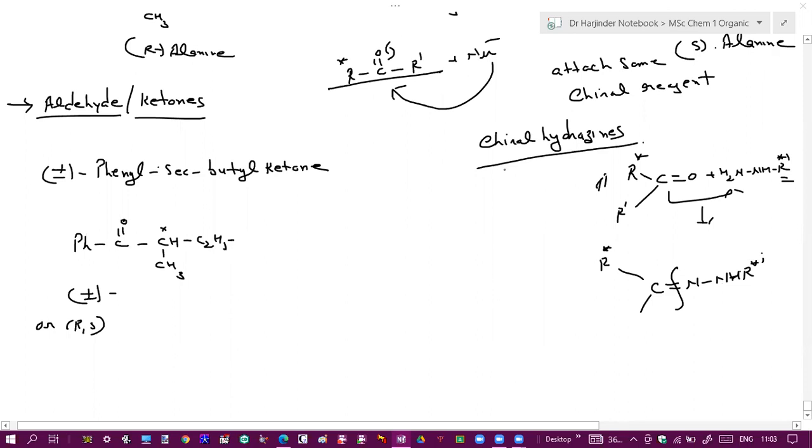And the chiral hydrazines that are mostly used are methyl hydrazine. Methyl hydrazine is used, and that methyl hydrazine is this one.